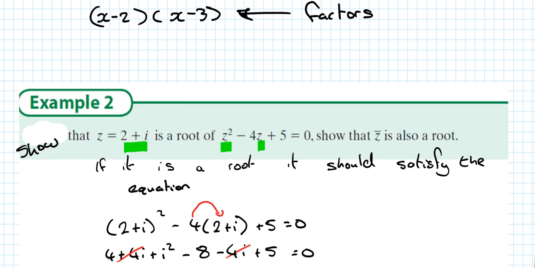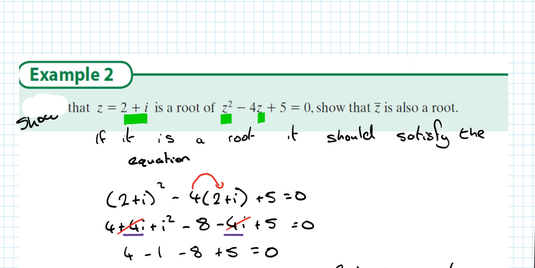Okay, so 2 by 2 is 4, 2 by i is 2i, i by 2 is 2i, which would give us the 4i in the middle, and then i by i is i squared. Minus 4 by 2 is minus 8i, minus 4 by i is minus 4i. We can see the minus 4i and the plus 4i cancel.